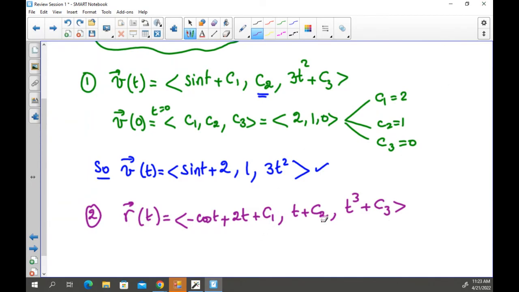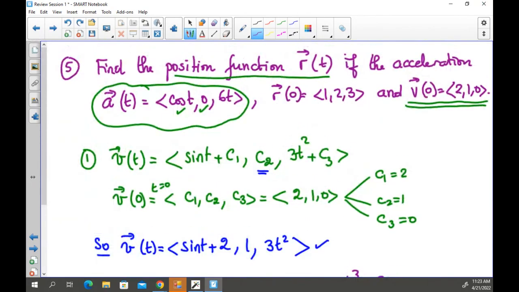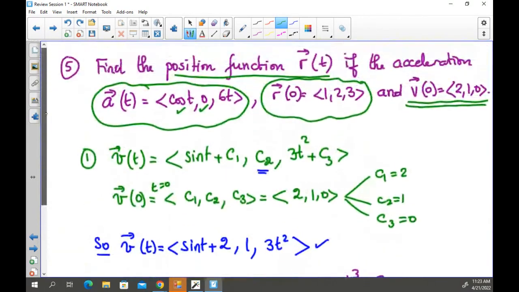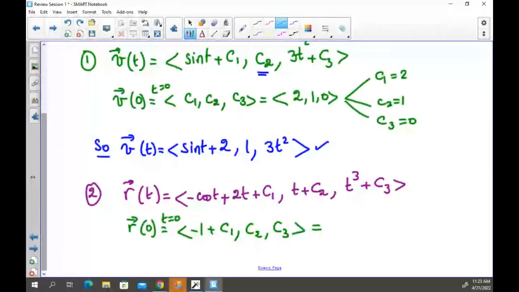Now we need to find C1, C2, and C3 by using the condition r at 0. First I put t equals 0 in this equation. I will get minus 1 plus C1, then C2 here, and C3. And according to the information we have, this is (1, 2, 3).